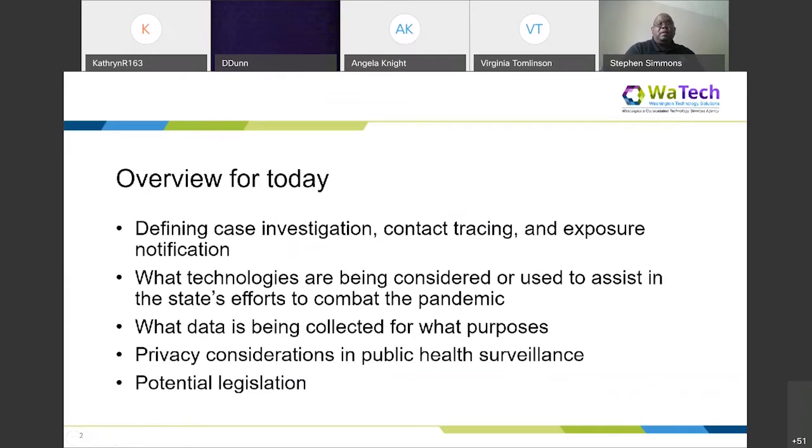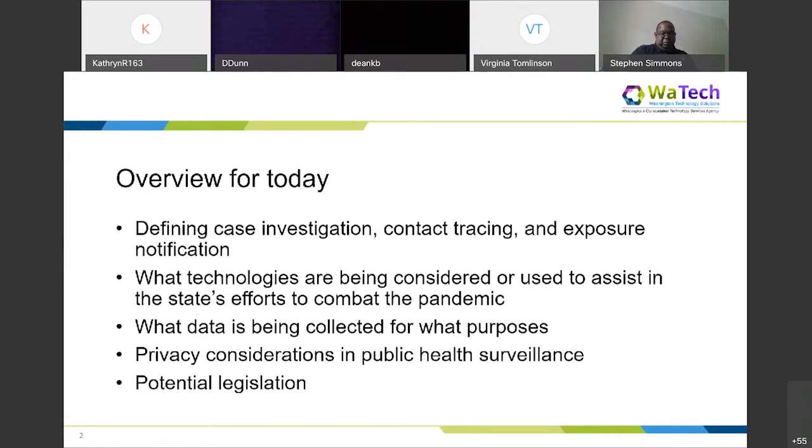I'm Katie Ruckel, just a reminder for everybody, the state's Chief Privacy Officer, and I have a lot of information to share with you today. So I'm just going to briefly go over the overview of what I'll be covering. I'm going to talk about case investigation, contact tracing, and exposure notification, and those concepts as we discuss them in the public health context, and what technologies the state's using in terms of approaching the pandemic and how we're handling the information collected.